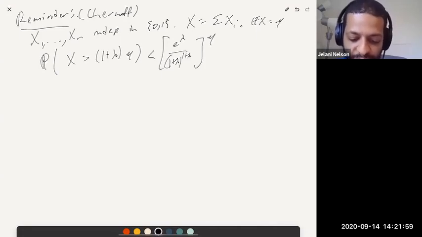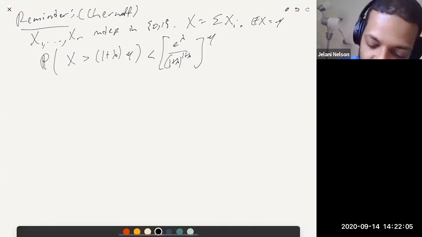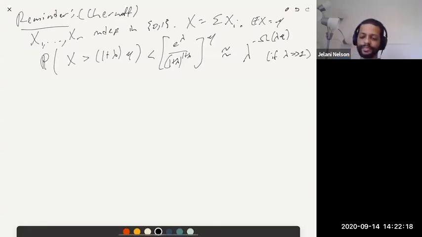And if lambda is really big, then 1 plus lambda and lambda are essentially the same. Then this becomes something like, just how to think about it, lambda to the minus omega lambda mu, if lambda is much bigger than 1, let's say. That's the regime that we're going to care about today.